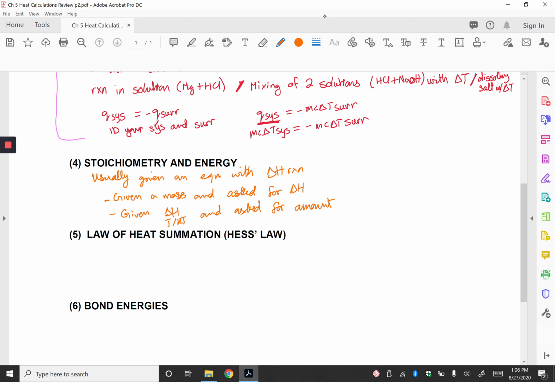Now that one, the units depend. So if you're trying to find it per mole, then you're going to get kilojoules per mole. But if you're trying to find it for a certain amount, then it's going to be in joules or kilojoules.